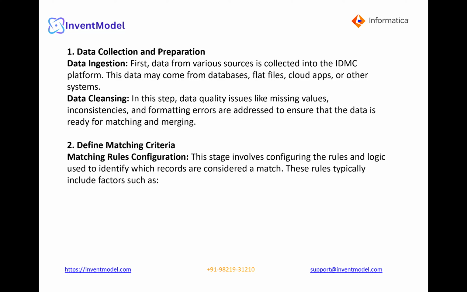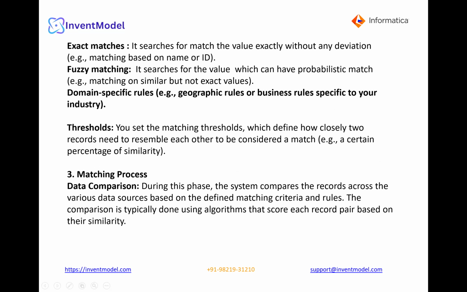And then the second stage is to define matching criteria. This is matching rules configuration. This stage involves configuring the rules and logic used to identify which records are considered a match. In this rule we have two kinds of rules which we need to define within the system. First is exact match, and then we have fuzzy match.